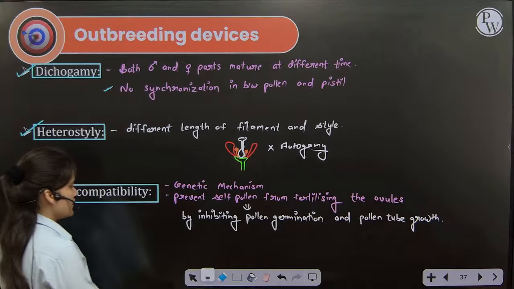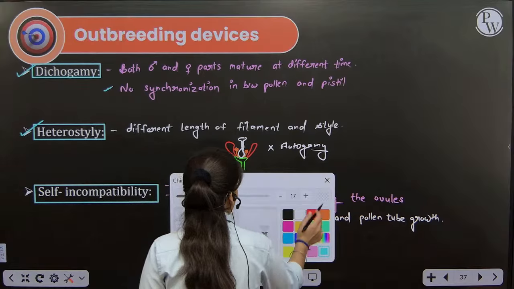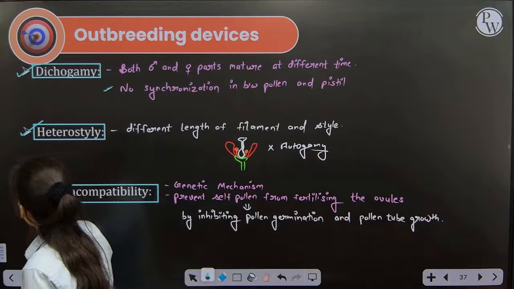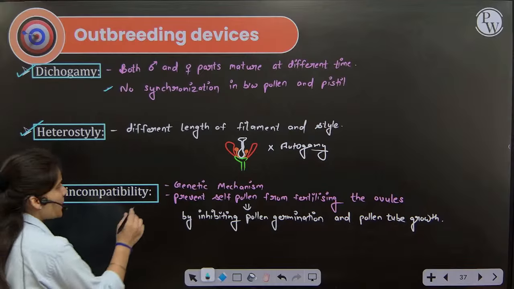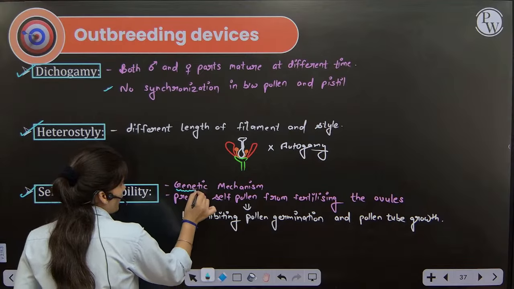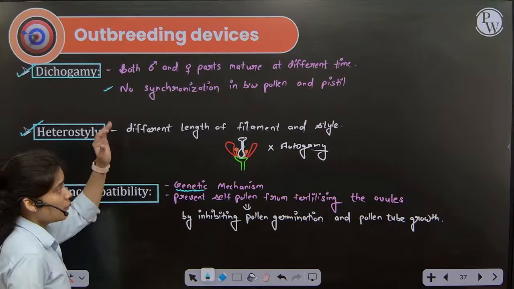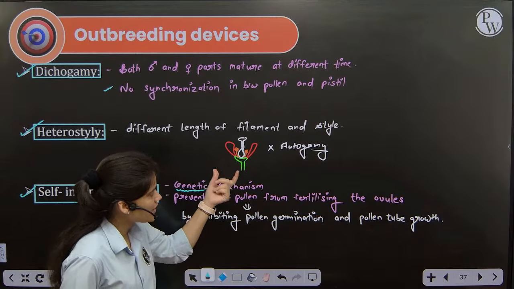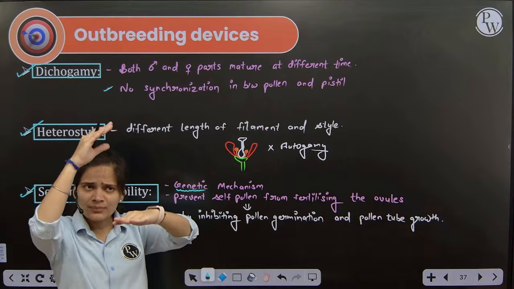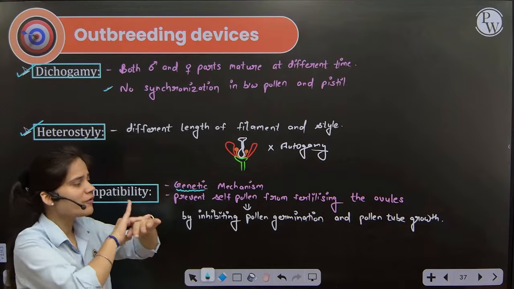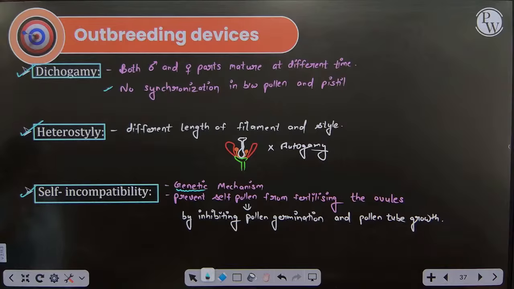The third outbreeding device is self incompatibility. What is self incompatibility? It is a genetic mechanism. If both male and female parts are present on the same flower, suppose pollination takes place and the pollen grain lands on the stigma of that same flower, then what happens?